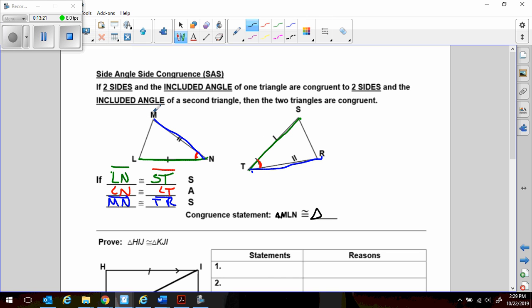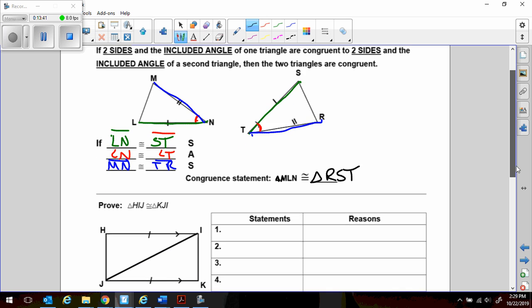M is blue and nothing, blue and nothing is R. L is green and nothing, green and nothing is S. And then they tell us to go to N, which is my red arc. My red arc is T. My two triangles are congruent.